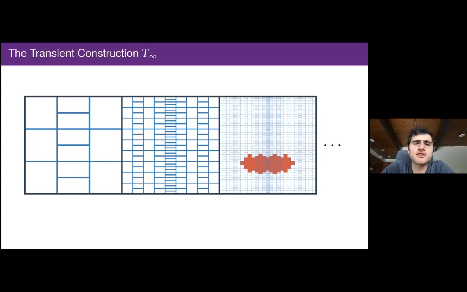So what I do is I break this flow into the following subflows. In the ith part, I send a uniform flow from the left of the copy of H_i to its right. And by left, I mean the tiles that touch the left edge, same as before, and same goes for the right.